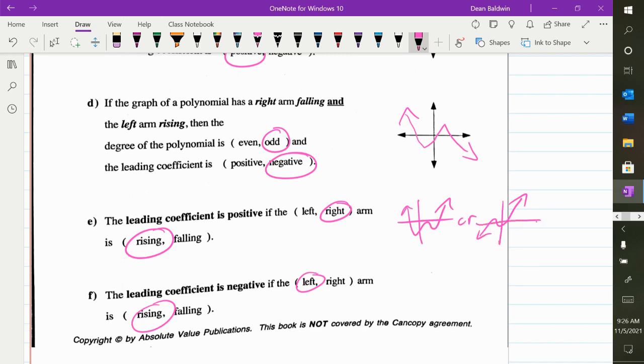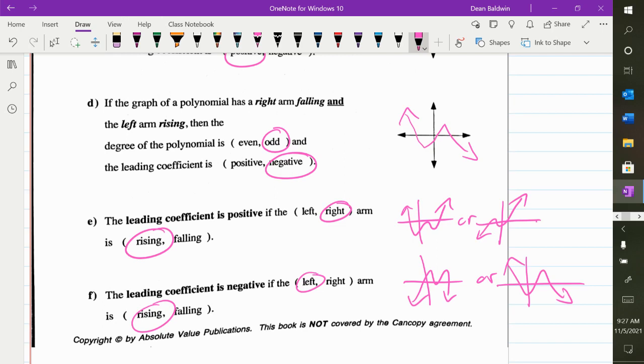That's positive. And if they're negative, right arm's down. All right. Is that okay? You need to know those. Like you just need to know them. Or write them on your sticky note. But knowing them is better.